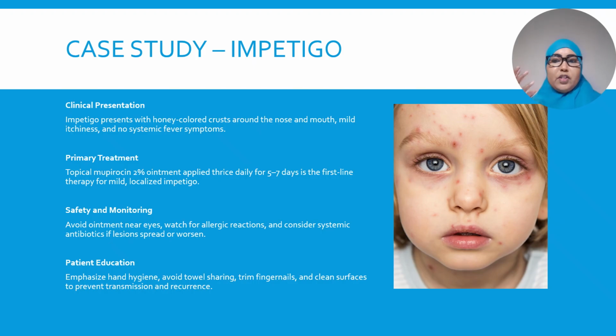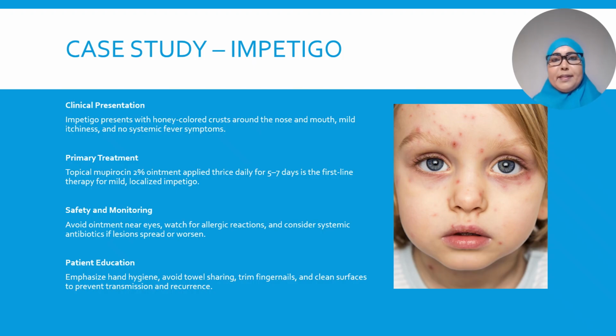If the child scratches the lesion and touches somebody, they can transmit it. They can also transmit it to skin that does not have a lesion: they scratch the lesion and then touch different parts of their skin.